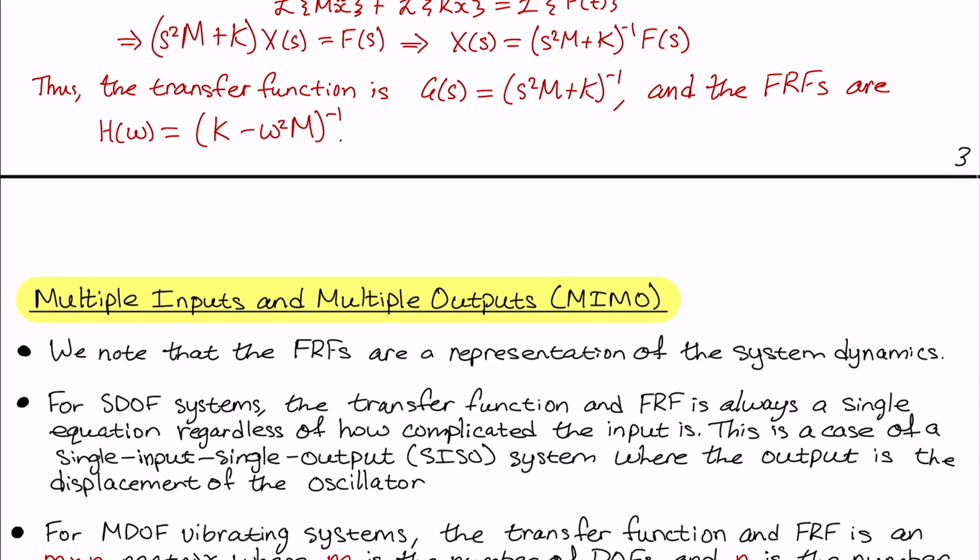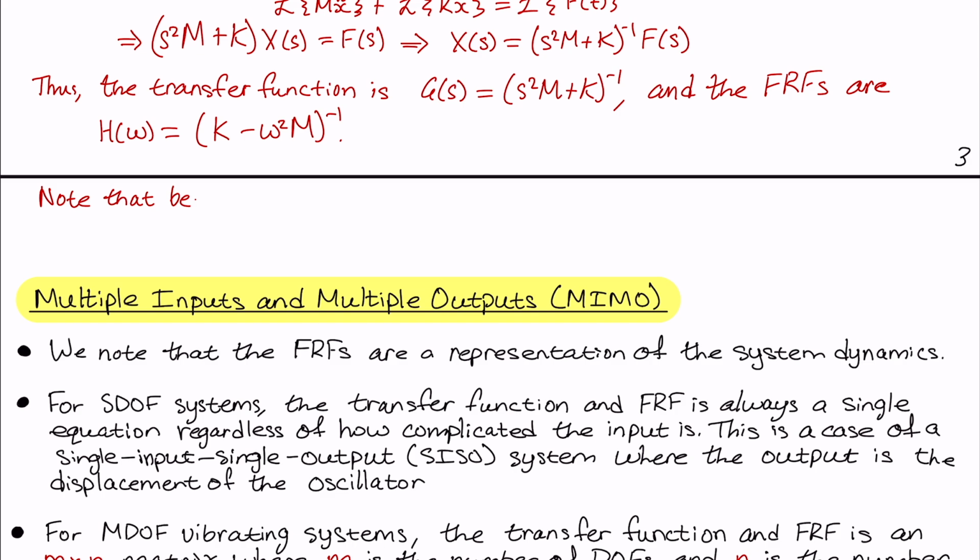All right, we're going to note that because there is no damping in the system, this FRF is going to go to infinity whenever omega is equal to one of the natural frequencies.